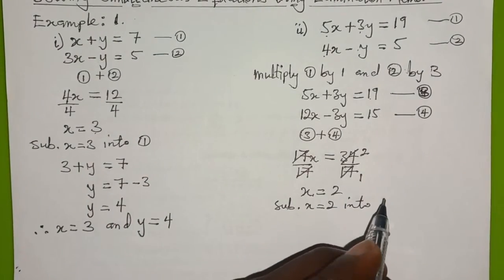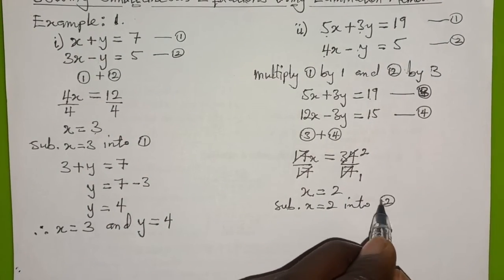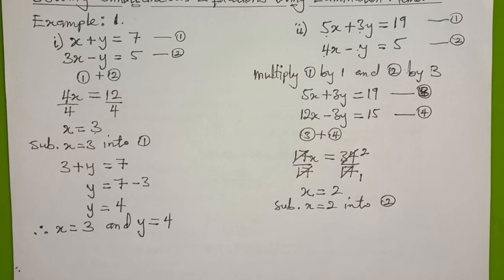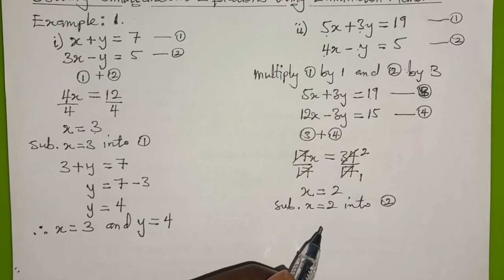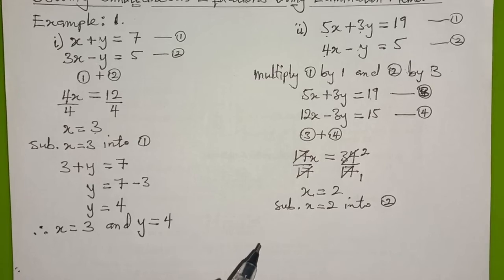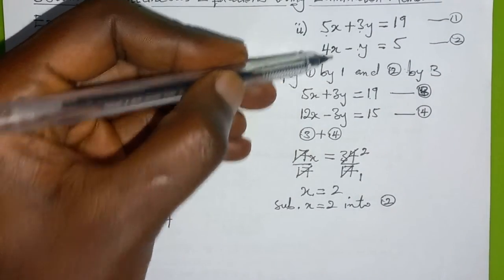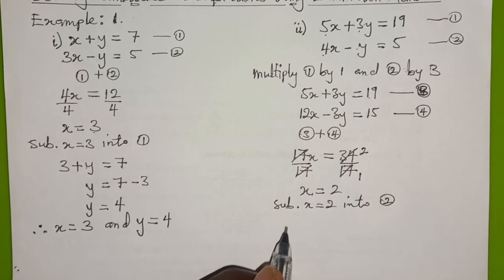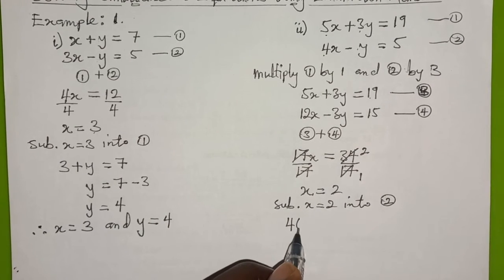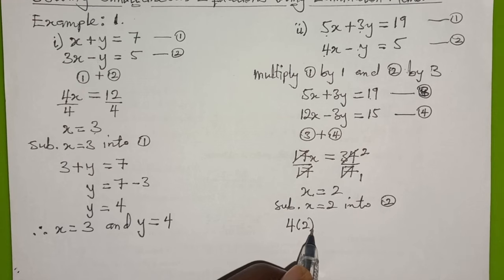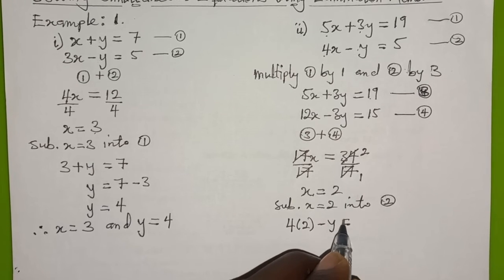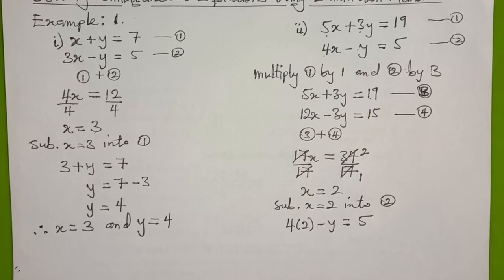So substitute x equals 2 into equation 2. What we need to do now is that wherever we see x in equation 2, we replace it by 2. So this will become 4 times 2 minus y equals 5.